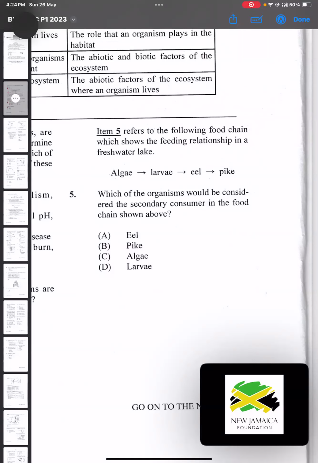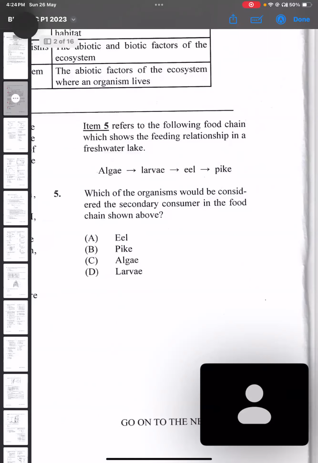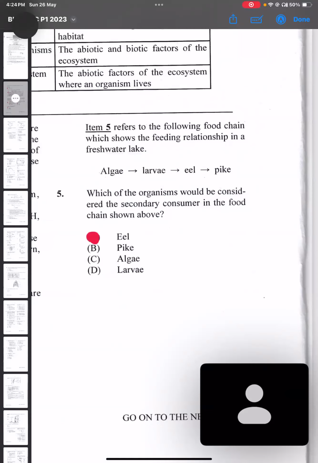So A, the eel. Secondary means the organism that consumes second. So the first one to consume is the larvae. The algae is obviously not consuming anything because it is a producer.